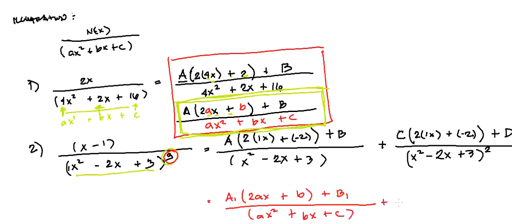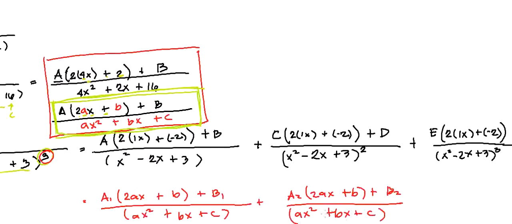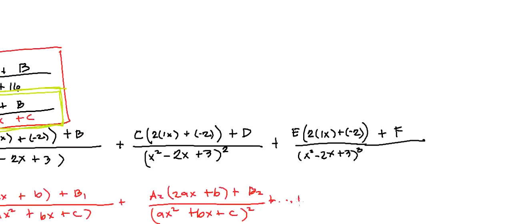Then plus a2 times 2ax plus b plus b2, all over ax squared plus bx plus c, but it is now raised to 2, till such time that our repetition is equal to n.